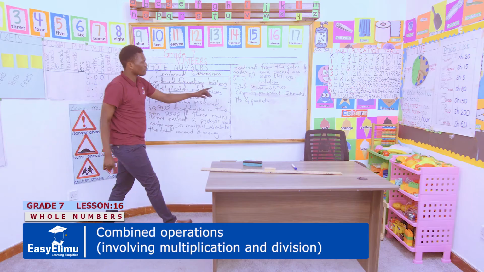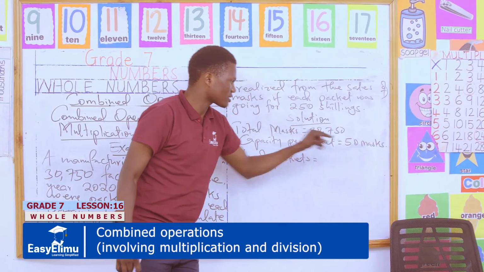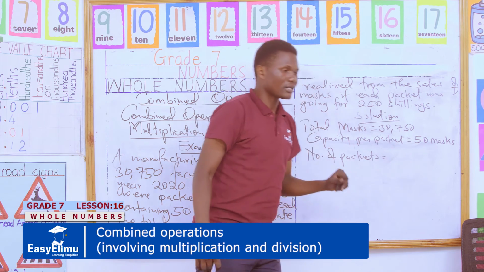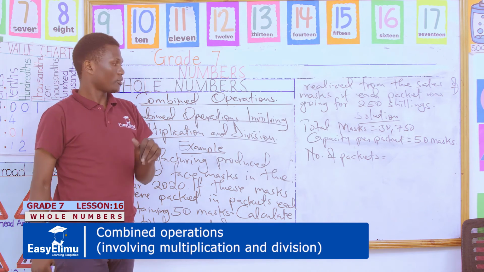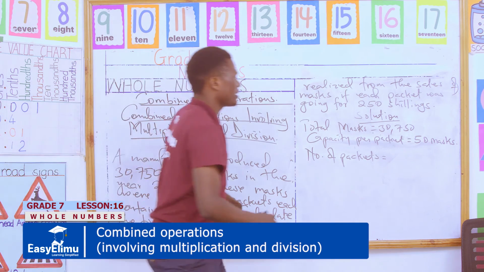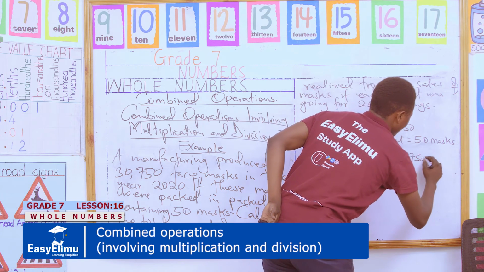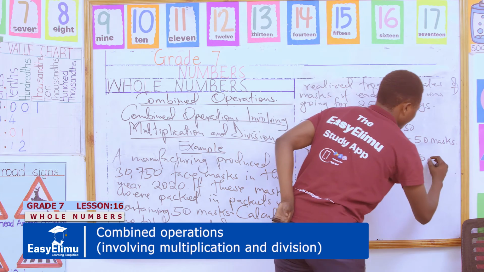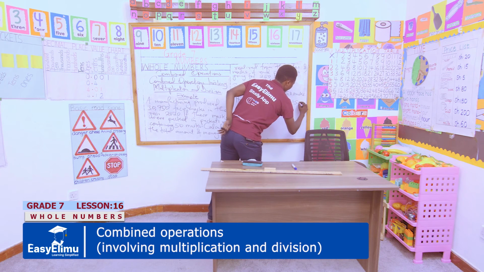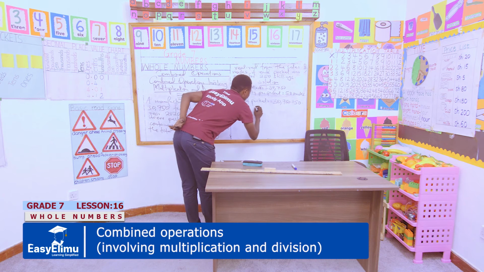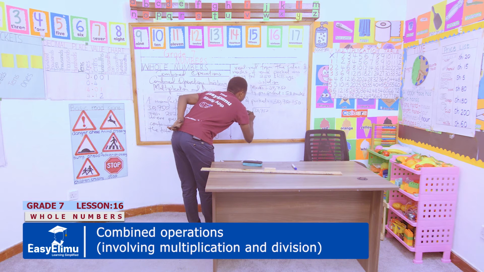If the total number of masks produced is 30,750 and the capacity of each packet is 50 masks. How do you get the number of packets? Yes, Paul? Correct. We divide total output, which is 30,750 divided by 50.